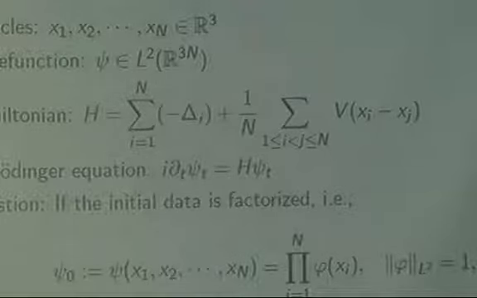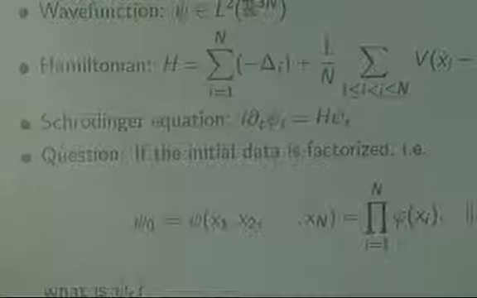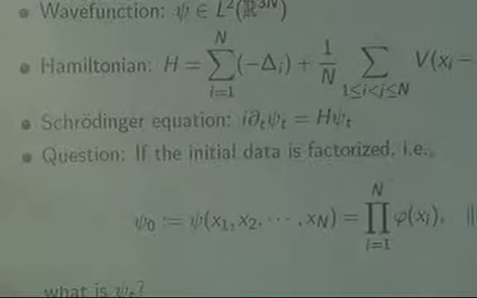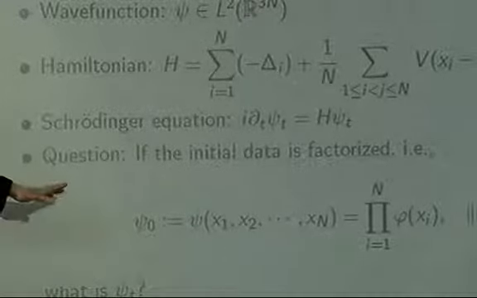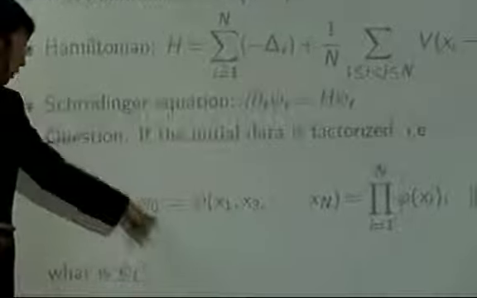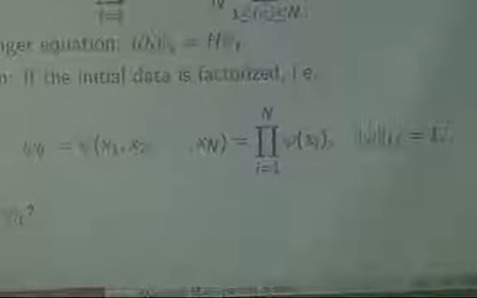The final basic law is the Schrödinger equation: i partial derivative of psi t equals H psi t. It describes the dynamics. The question typically is that we have initial data at t equals 0, and it evolves according to the basic law, in this case the time-dependent Schrödinger equation, and we will find the result or the dynamics.